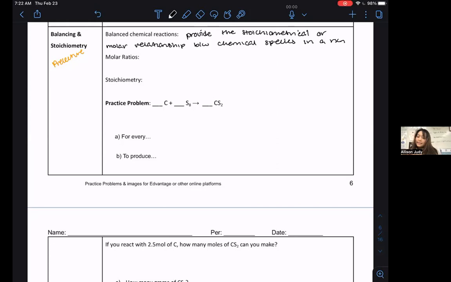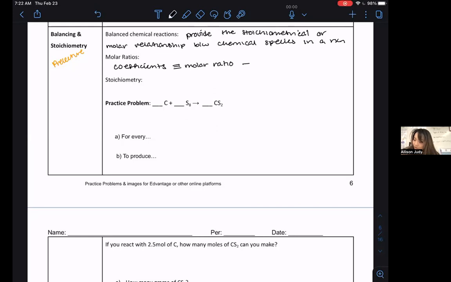So essentially, that's just a really fancy way of saying that those coefficients that we put in front of a balanced chemical reaction in order to observe the law of conservation of mass are equivalent to saying that they are our ratio in moles of how much of each chemical species we need.